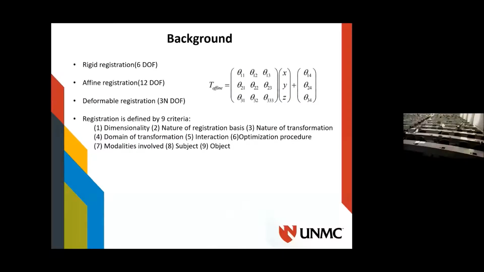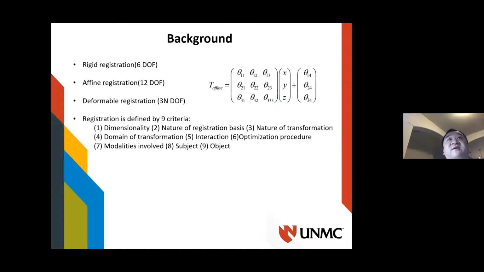Okay. So according to TG132, there are three major types of image registration. Rigid registration, which has only 6 degrees of freedom, 3 translational and 3 rotational, which keep the relative distance between any 2 points unchanged.